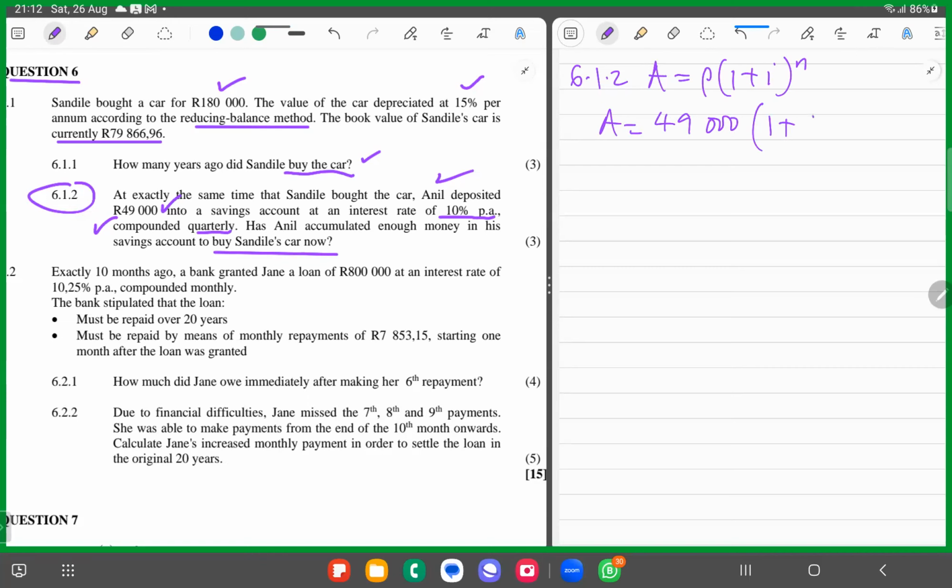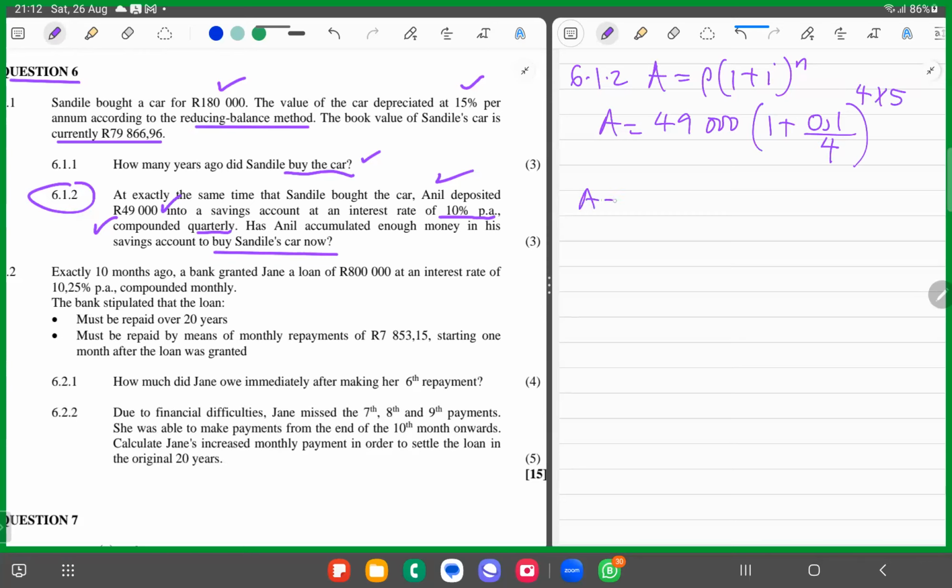10% divided by 100 becomes 0.1. Compounded quarterly, there are 4 quarters in 1 year. Then we can see that in 5 years, it's going to be 4 quarters by 5 years.